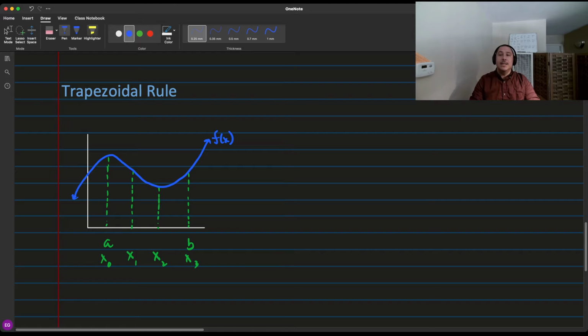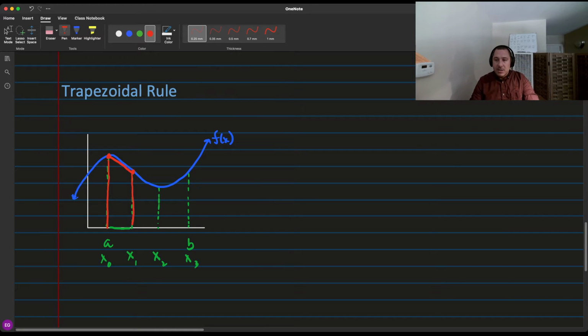Okay, so the idea is that you get a trapezoid by connecting these two right here. Remember that a trapezoid has a pair of parallel sides. So you get this one and this one, and the two on the edges are not parallel. So the vertical lines are parallel.